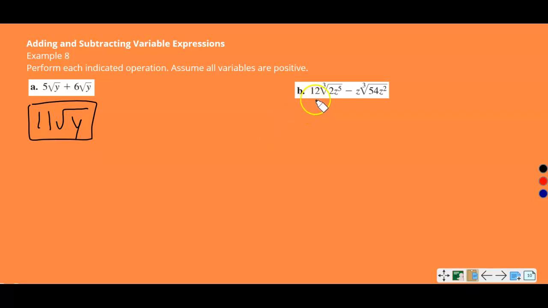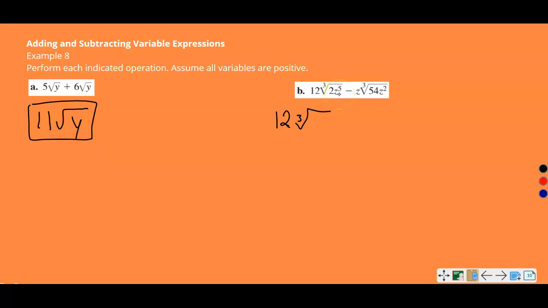B part has a few more steps. We've got 12 cube root of 2z to the 5th minus z times the cube root of 54z squared. So these are not like radicals right off the bat. The first thing we need to do is pull out any perfect cubes. So let's start with the first part, 12. And then we've got cube root of, and the first thing I'm going to do is rewrite this as a product and only put down what's going to come out perfectly with no radicals left.